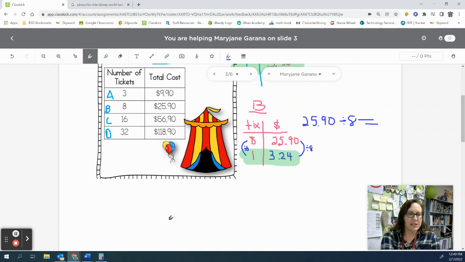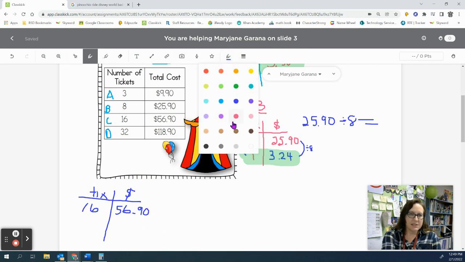Okay, package C, tickets and moolah, money, dinero. Tickets, we know we can get 16 tickets for $56.90.